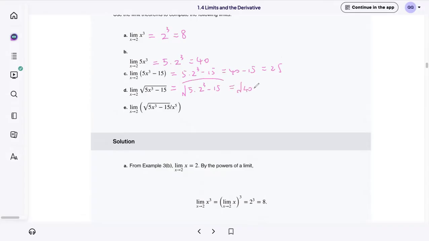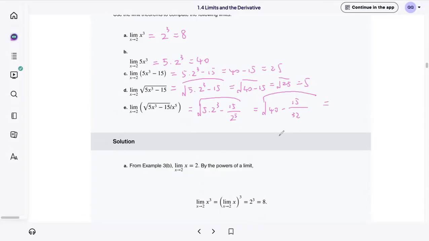That equals the square root of 40 minus 15, the square root of 25, which is just 5. Similarly, we can do this one, just plug in. We get the square root of 5 times 2 raised to 3 minus 15, divided by 2 raised to 5. So 40 minus 15, divided by 2 raised to 5, which is 32.